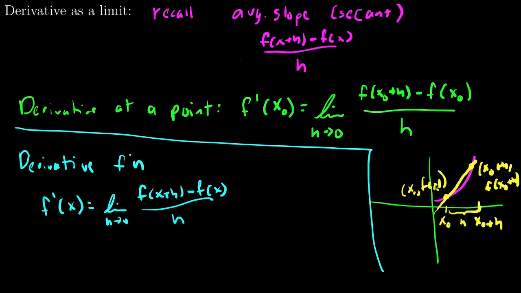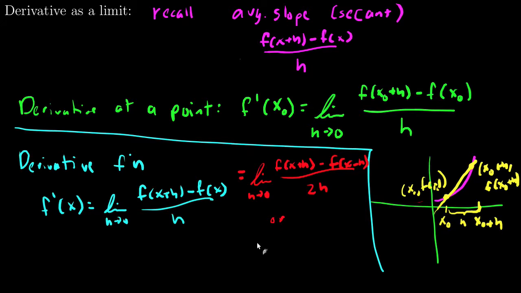There are some equivalent ways to deal with this. I could also look at this as the limit as h approaches 0 of f of x plus h minus f of x minus h all over 2h, which instead of starting somewhere and going right, actually goes to the right and to the left, and then squeezes the points in. This limit will equal that limit everywhere that the derivative exists.